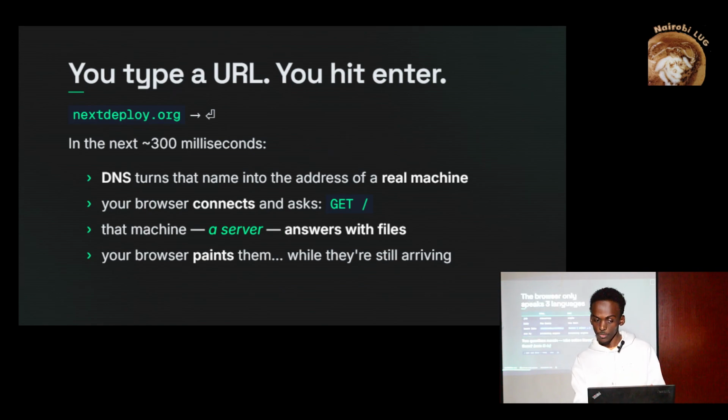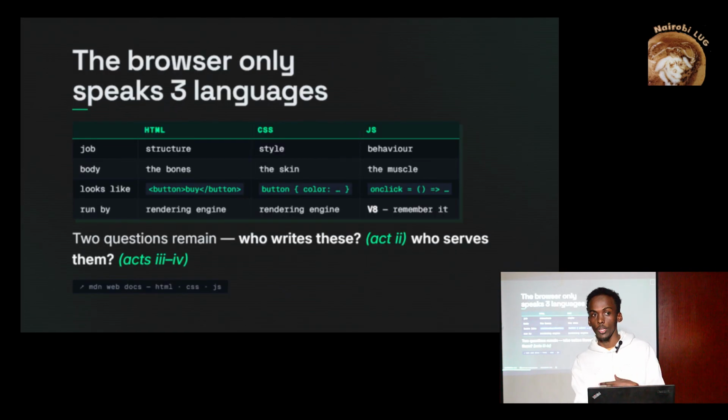Most of the time, when the connection is successful, servers only send HTML, CSS, and JavaScript. HTML gives the structure of the web app. The elements that you see, the buttons and everything, are the HTML that's rendered by the browser's rendering engine.